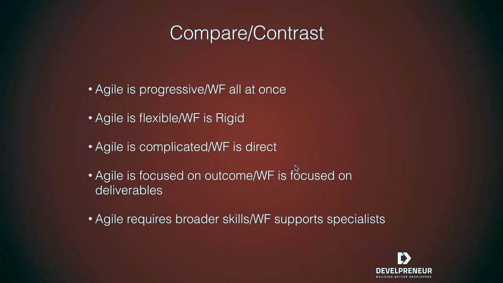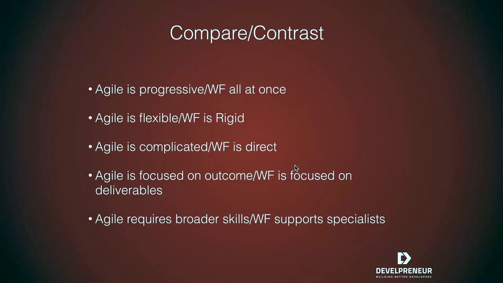So in an Agile approach, let's say you've got some coders and all they've ever done is code, they're probably going to struggle quite a bit compared to people that have coded but also spent some time designing and testing and things like that.